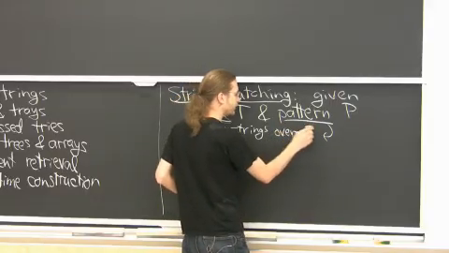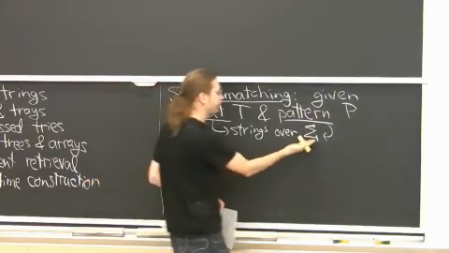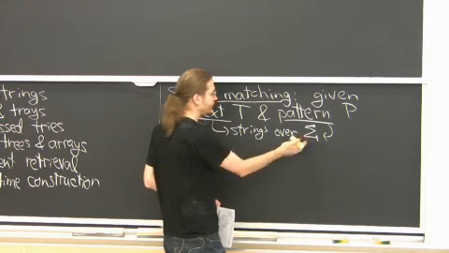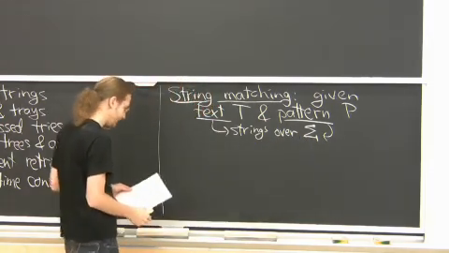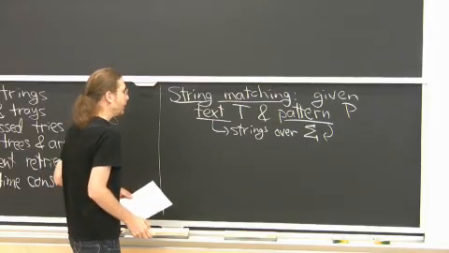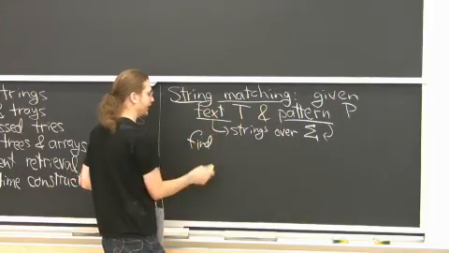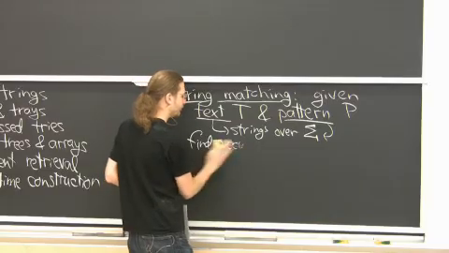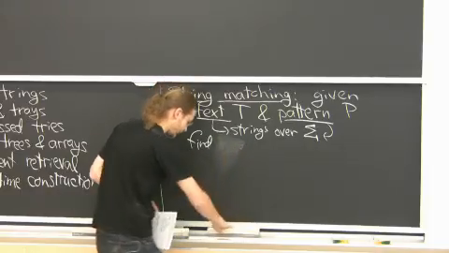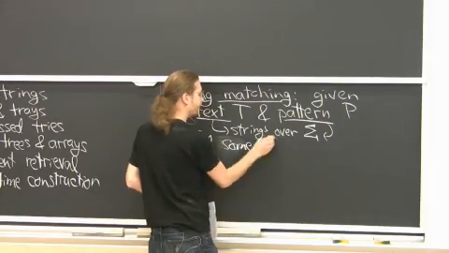The alphabet we're going to always call capital sigma. Think of that as, it could be binary, 0 and 1, could be ASCII, so there's 256 characters in there, could be Unicode, pick your favorite alphabet. Then, it could be ACGT for DNA. And the goal is to find the occurrences of the pattern in the text. It could be we want to find some of those occurrences, or all of them, or count them.